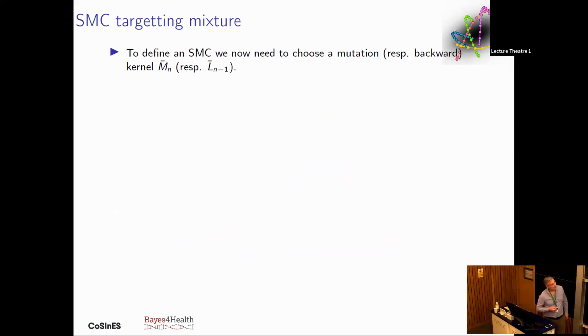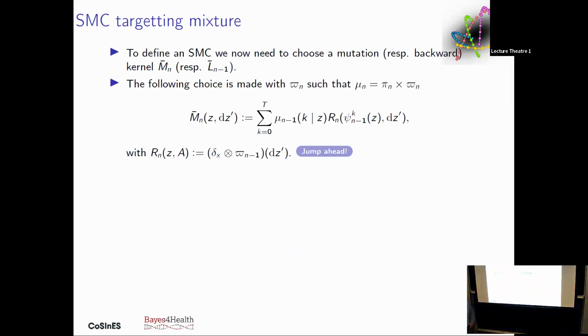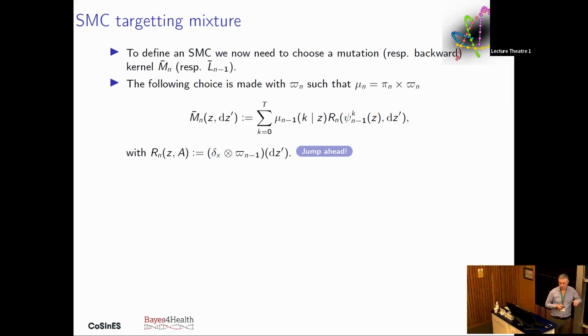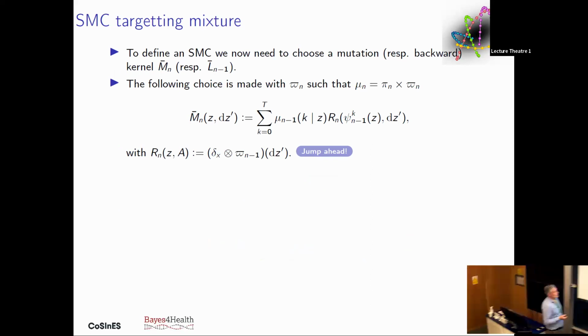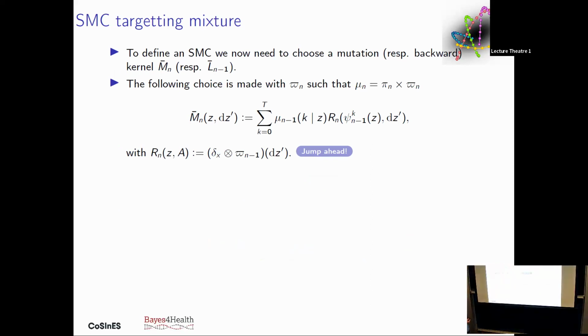So that's the thing. So just a word about the mutation kernel in the SMC. So I don't describe the full SMC here. It's quite gory and not super interesting. But if you use this mutation kernel to target mu bar, basically, you can make this choice. Okay.